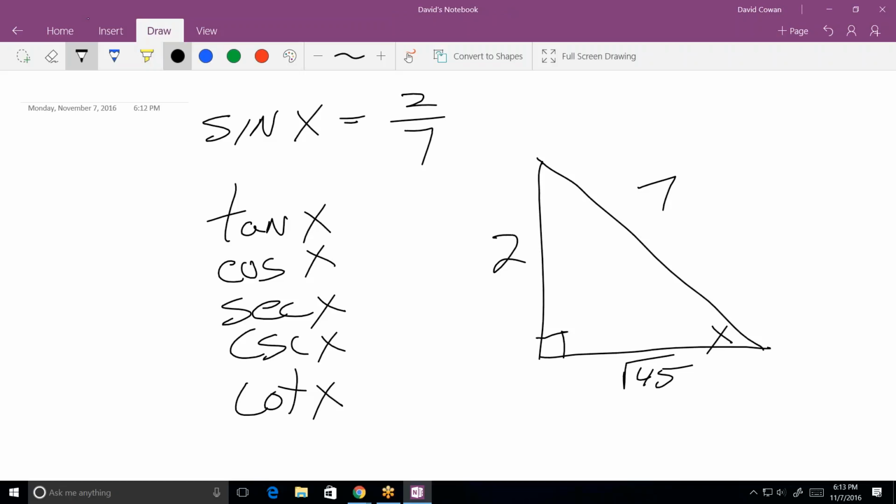That reduces to 3 root 5. And now I can figure out all 6 trig functions of x, right? What's cosine of x? 3 square root 5 over 7. What's tangent of x? 2 over 3 square root 5, and then you have to rationalize.